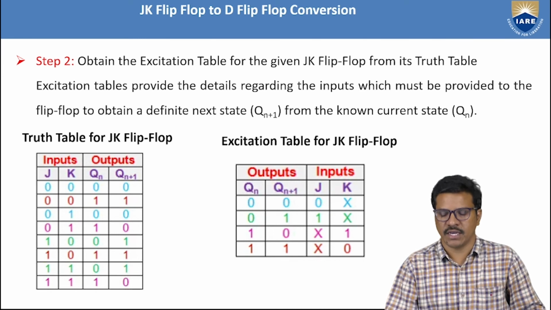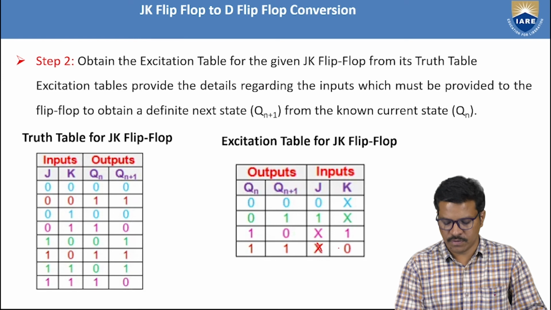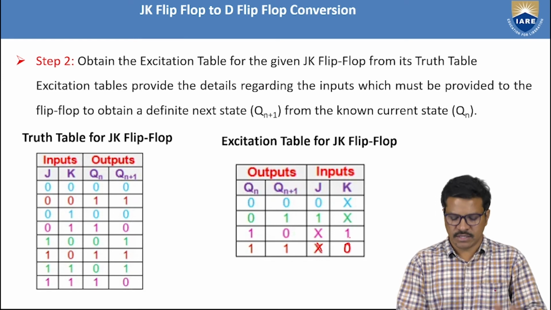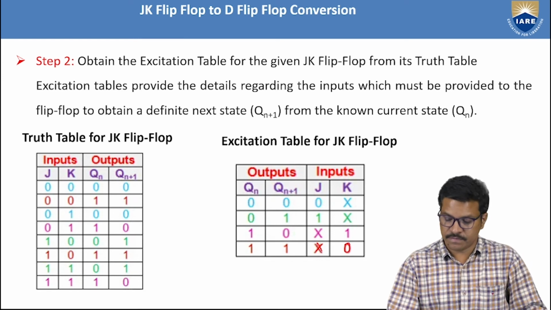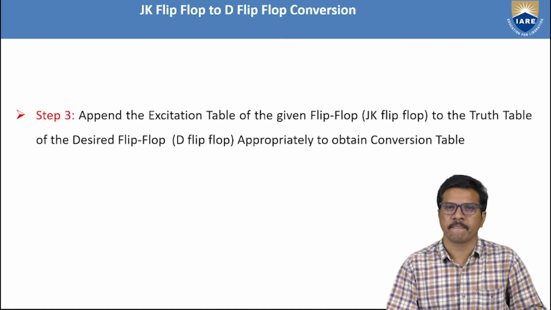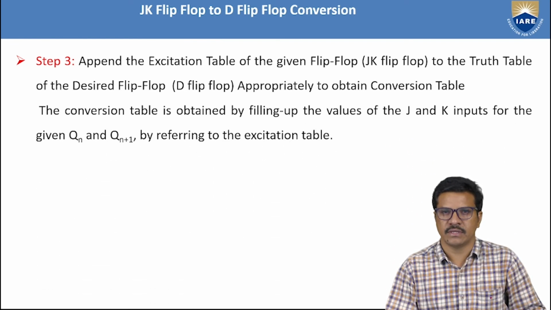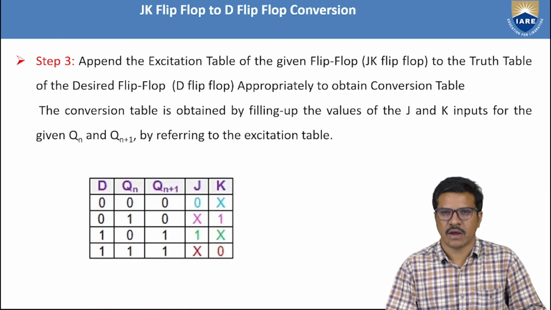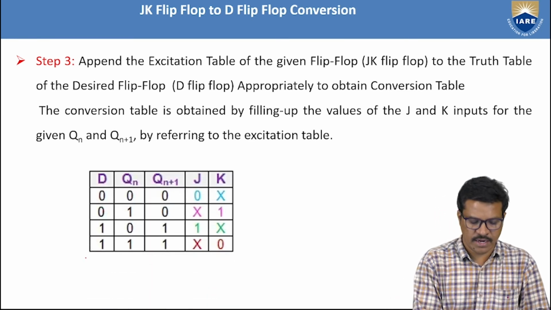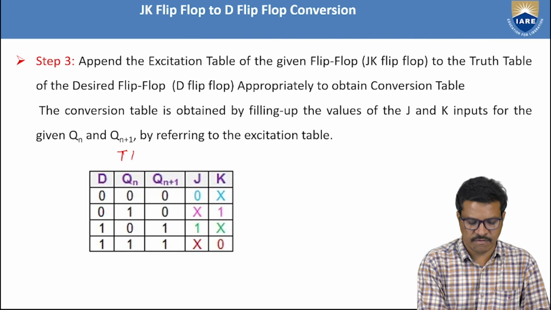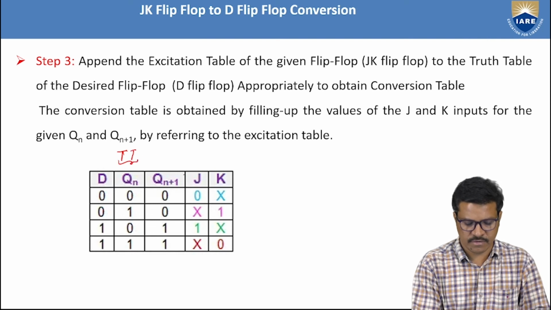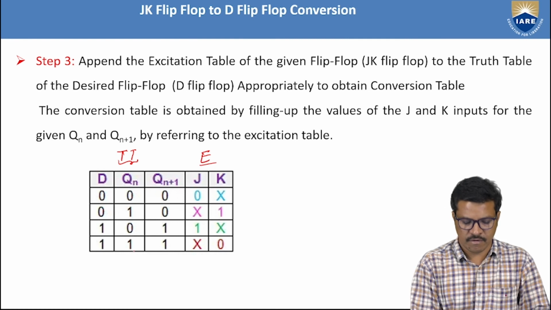Then, joining these two, append the excitation table of the given flip-flop to the truth table of the desired flip-flop appropriately to obtain the conversion table. Now, on the left side, the truth table of the desired flip-flop, and the excitation table for the given flip-flop.